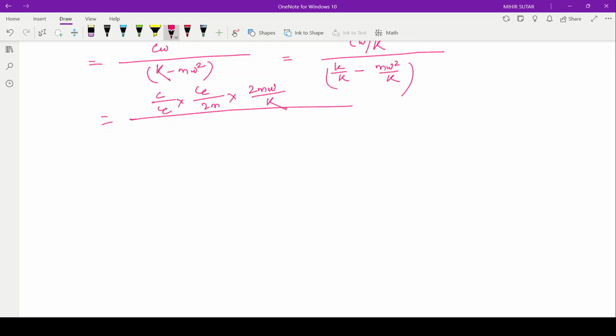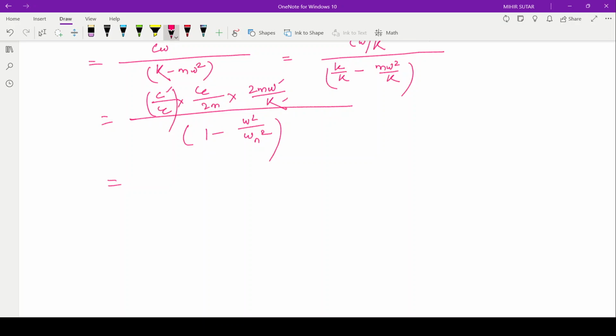Our equation is c omega by k, so I added c by cc. To nullify that, I gave cc here, then I have written 2m, and to nullify this 2m, I have 2m here. So finally I am getting this, divided by k by k, which is 1, minus omega square by omega n square, because root over k by m is omega n, so k by m is omega n square. So finally, what is this c by cc?